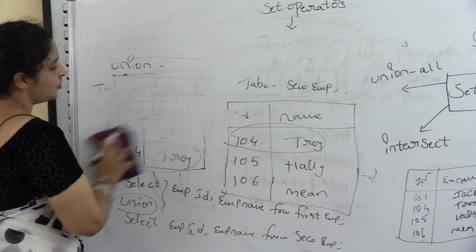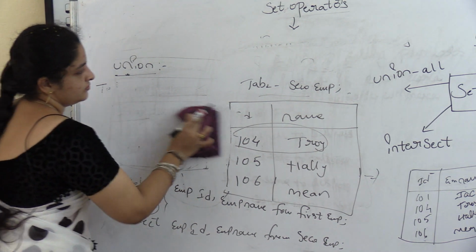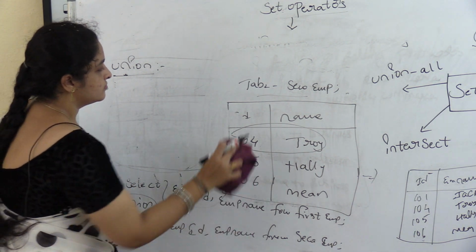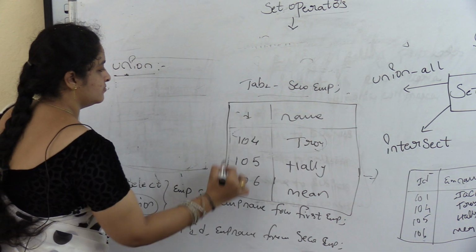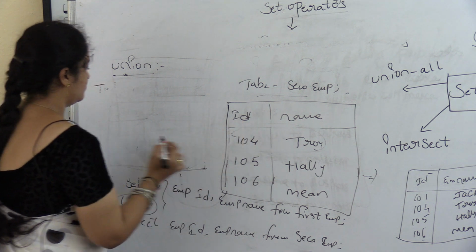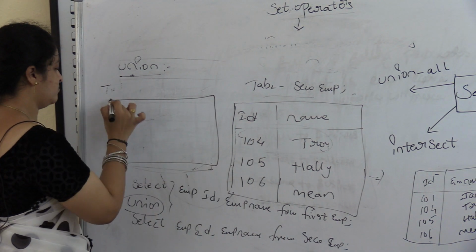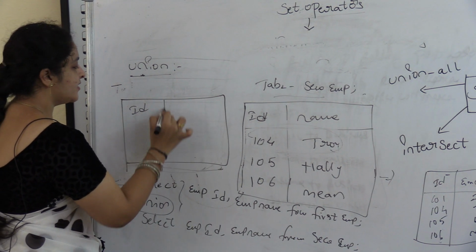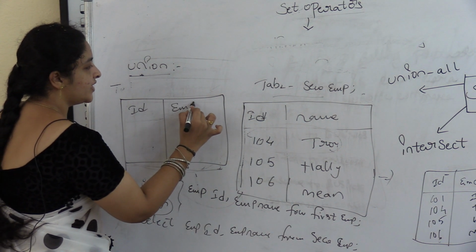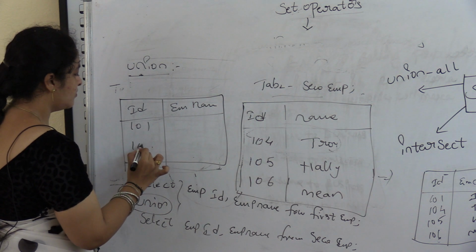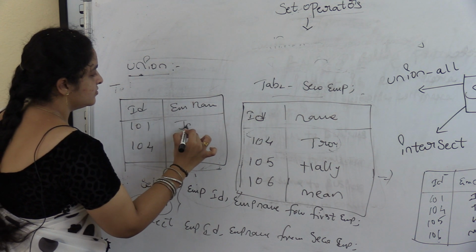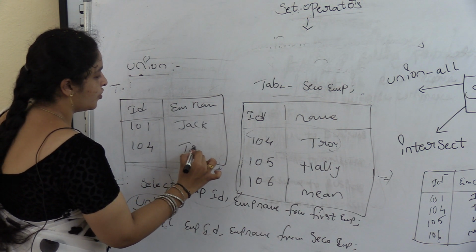Next one, union all. Again we take ID, employee name. Same, we take the first table, 104, Jack and Troy.